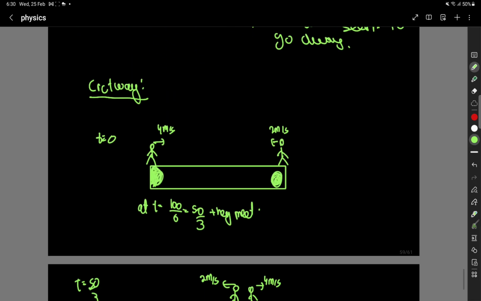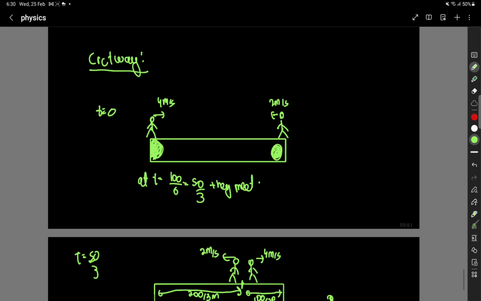Now let's go ahead and calculate the distance traveled by the left side boy.